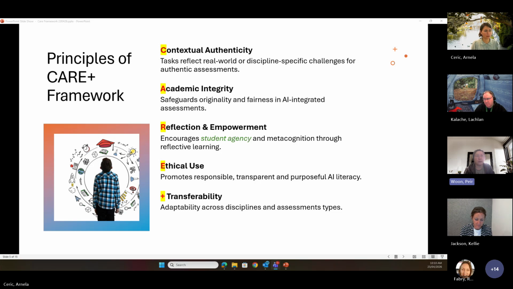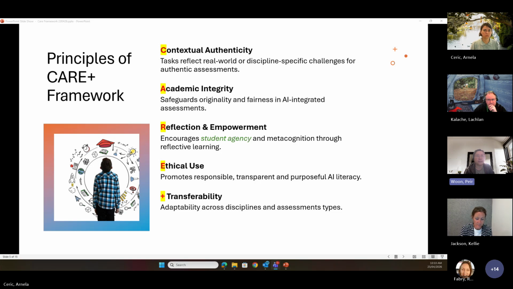And we can also sometimes include an activity that intentionally asks students to write down their reflection in the form of a reflection summary, but that could be implicit as well. We also promote ethical use of AI tools.